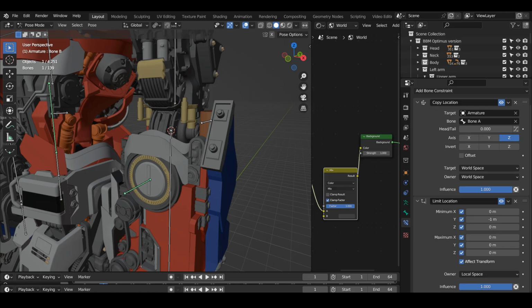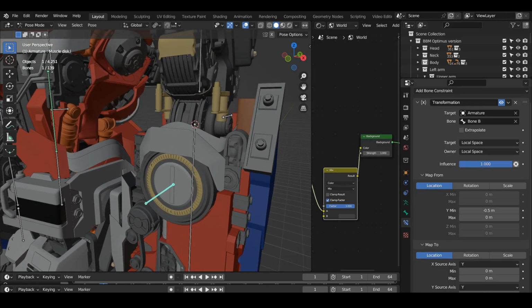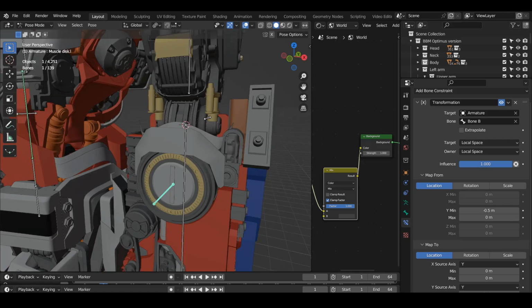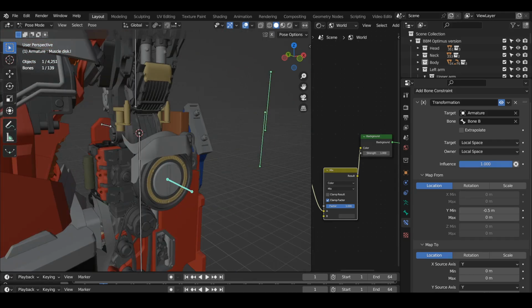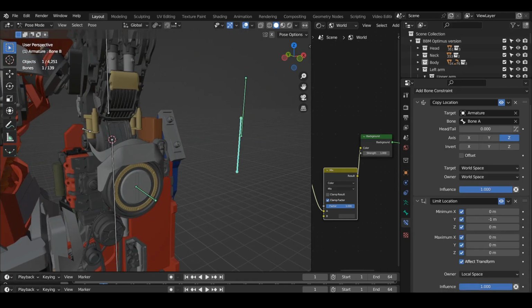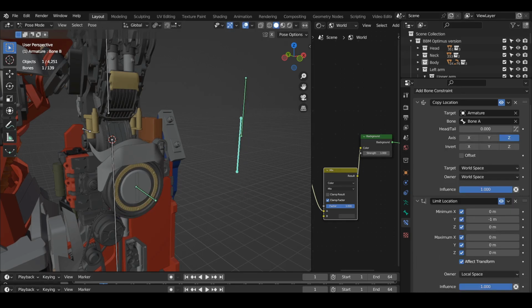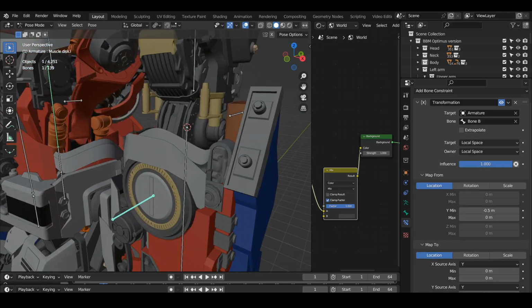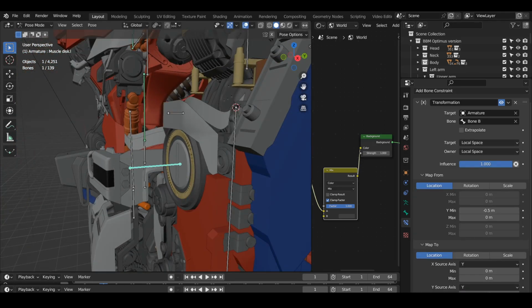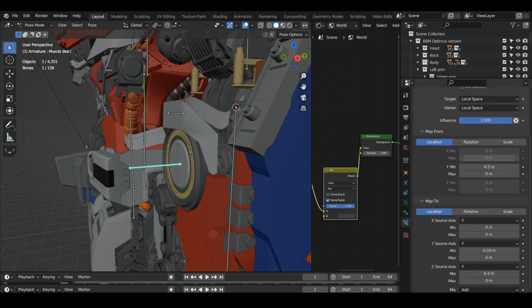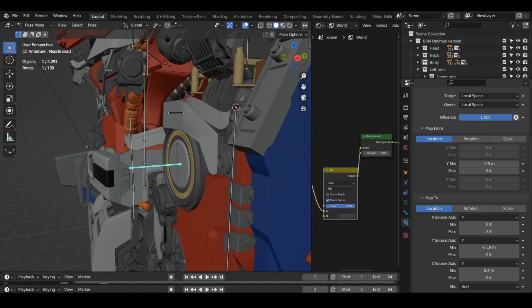For the final step, we have the transformation constraint, which is influenced by bone B, which slides down thanks to this one after a certain height. So going back to this one, it slides down and so on. It has bone B, and it maps from the location in the negative axis because this goes down, and we have the map to basically going down and backwards.